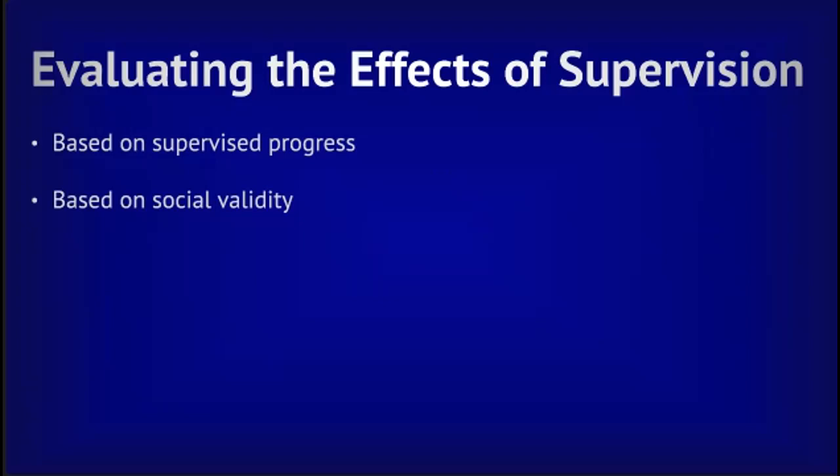And this anonymity can also be a double-edged sword, because it may provide supervisees with a degree of comfort about providing that feedback. But for you as a supervisor, if the feedback is anonymous, and if you have a fair number of supervisees, you may not be able to figure out who's having a good experience and who's not.